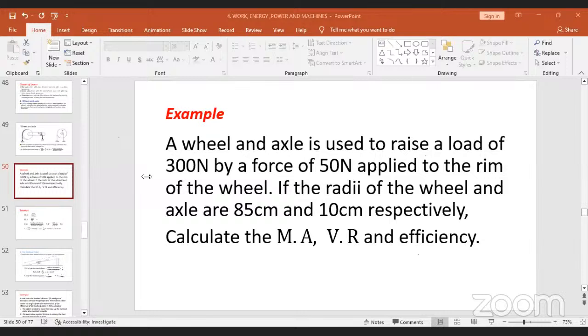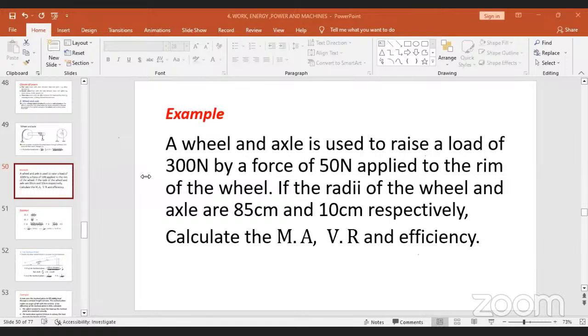Any other answer? Let me look at the chat. Sean, 6, velocity ratio 6. Mechanical advantage 6, velocity ratio 8.5, efficiency 70.